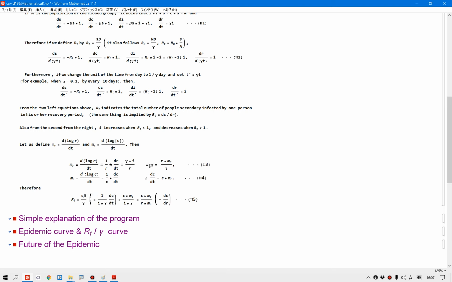And then we use this one, we substitute, we get this, and we substitute this. So there are many expressions for Rt: 1, 2, 3, 4, 5. So we have to choose the proper equation for calculation of Rt.